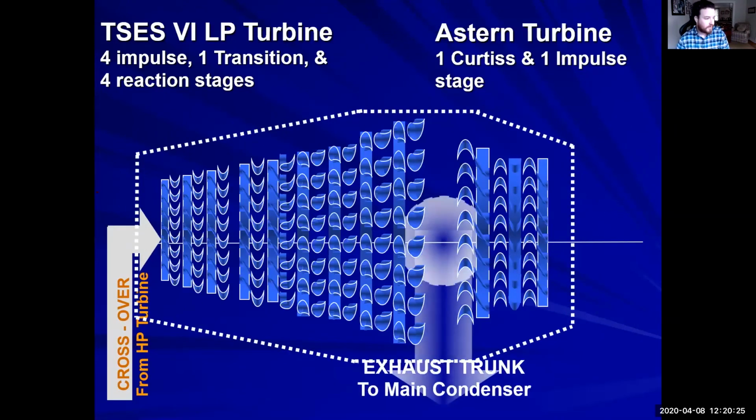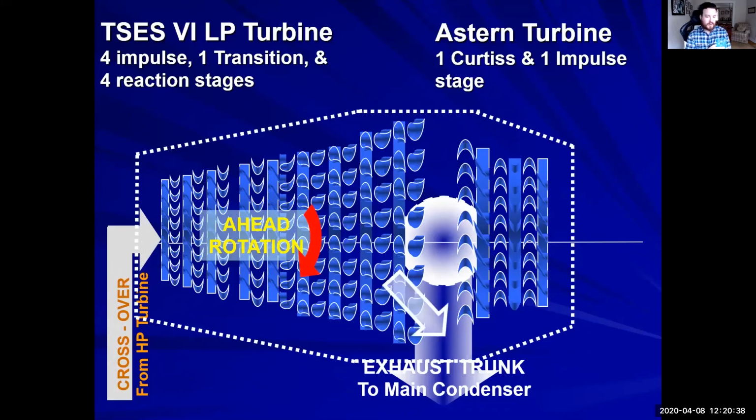Here's our crossover from the high pressure turbine, and here's our exhaust trunk to the main condenser. You notice that the crossover, so our head steam, is coming right through our head turbines and down into our exhaust trunk for our main condenser. And our head rotation is one direction.